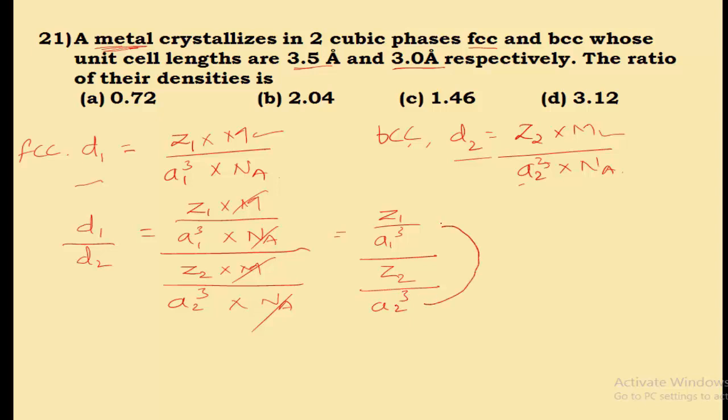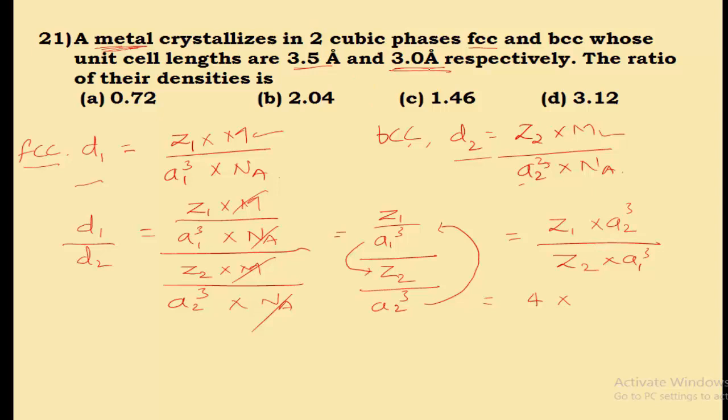Now A2 cube comes up and A1 cube goes down, so it becomes Z1 into A2 cube divided by Z2 into A1 cube. Now substitute the values. Z1, the number of atoms in FCC, is 4, into A2 cube. A2 means how much is it?